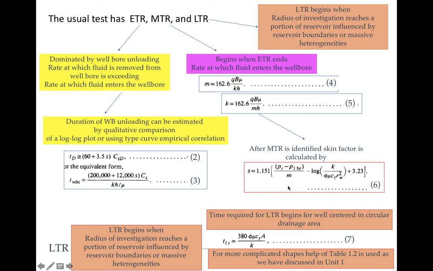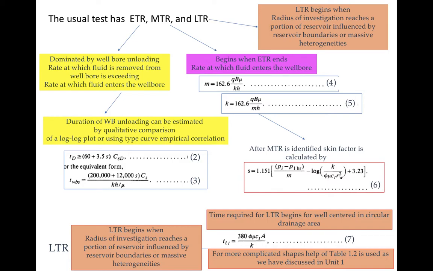Now, the time required for the late time region to begin for a well centered in a circular drainage area is given by this equation 7, right? So you need different properties of the reservoir, area and K, right? So this would be the time required for the late time region to begin, in case of the well centered in a circular drainage area.